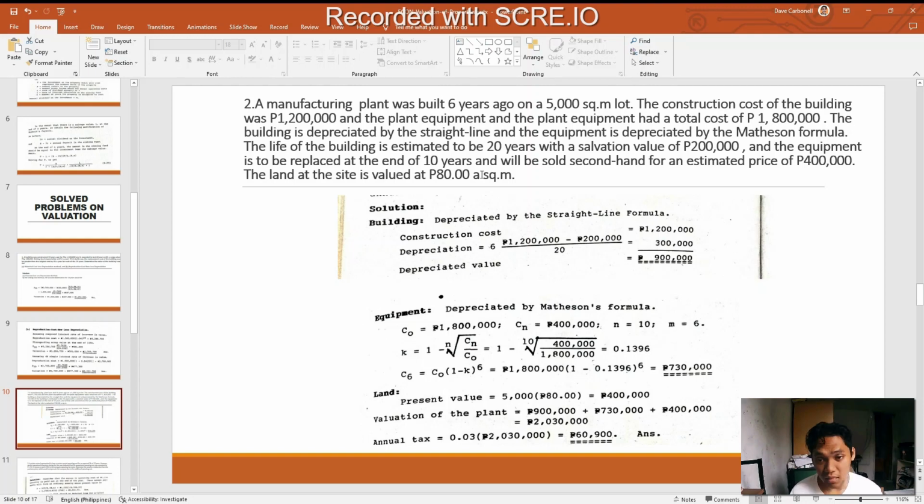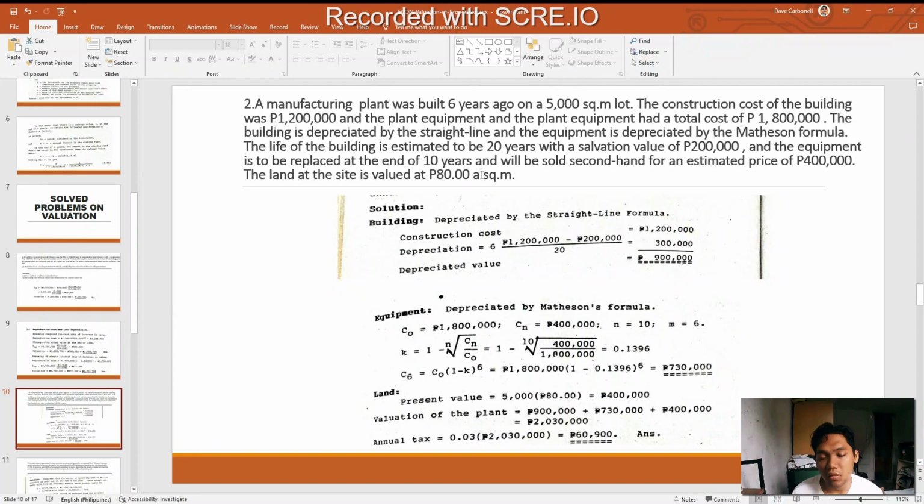The life of the building is estimated to be 20 years, with a salvage value of 200,000 pesos. The equipment is to be replaced at the end of 10 years and will be sold second-hand for an estimated price of 400,000 pesos. The land at the site is valued at 80 pesos per square meter.